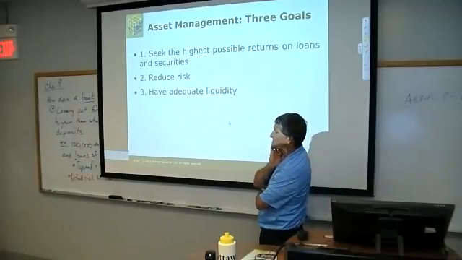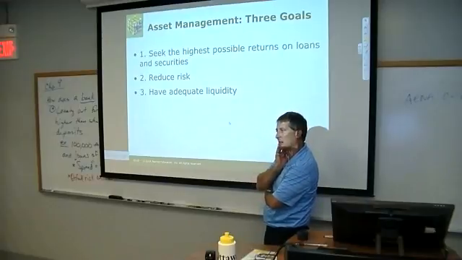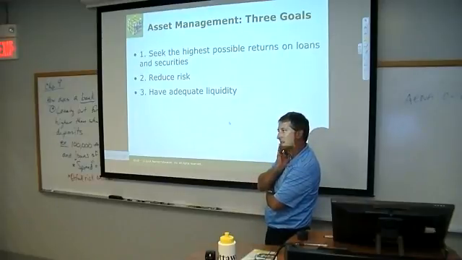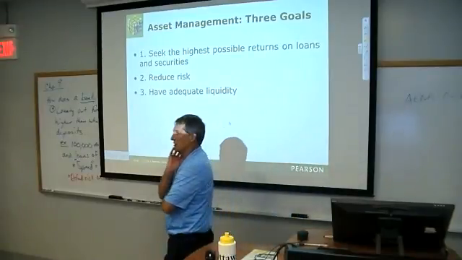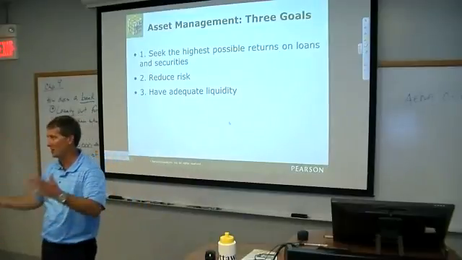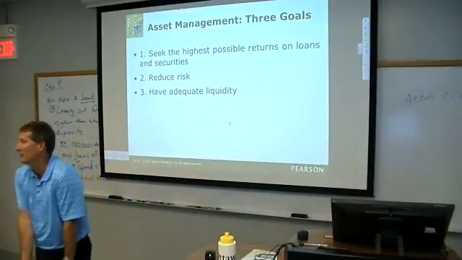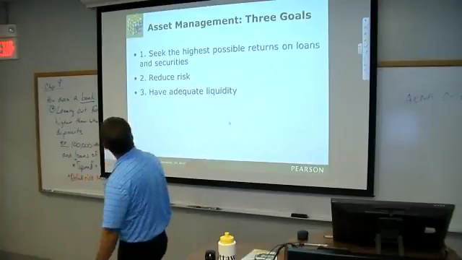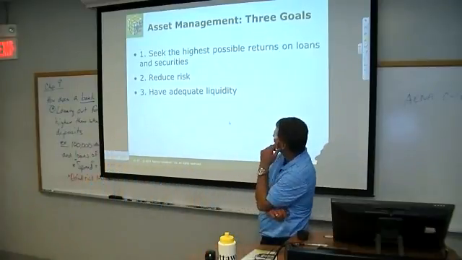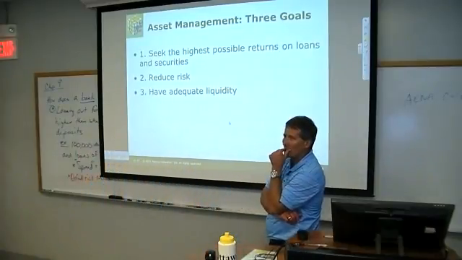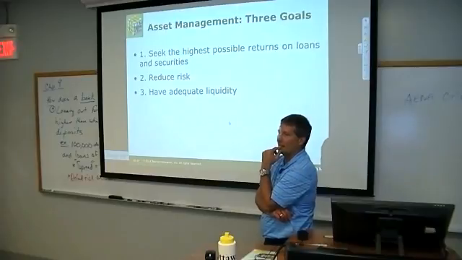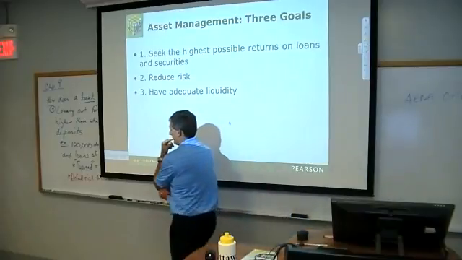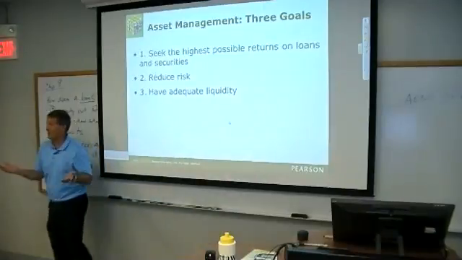Okay, longer loans, less risk? It's good to think about that, but usually longer loans, longer amount of time for people to default on you. So usually we have a little more risk with that. Their highest return comes from funds. Okay. You have all your money out in the loan market, but you're not going to have as much adequate liquidity. Good. It's completely contradictory, right?